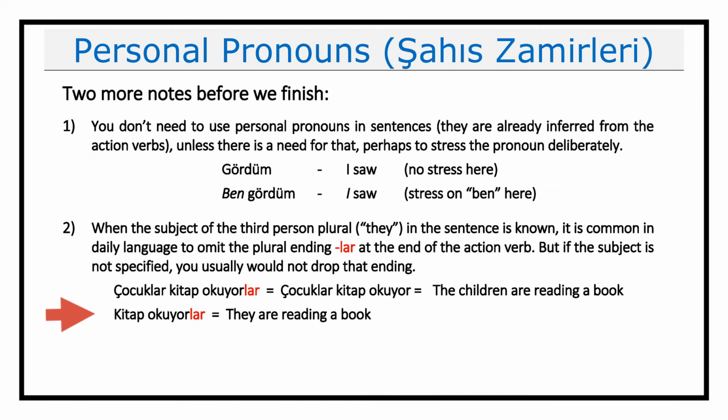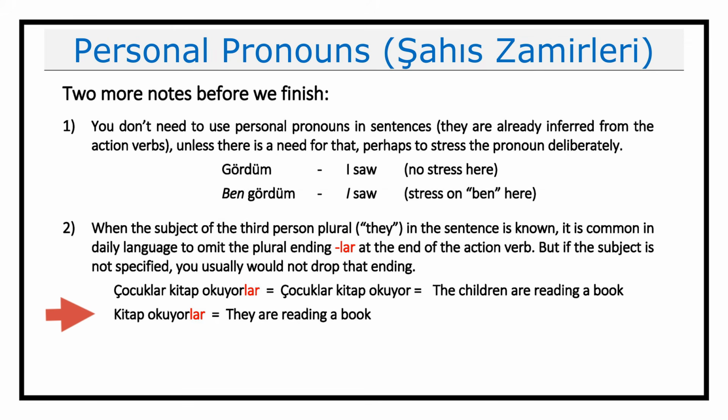Therefore, if you drop the ending lar from the end of the action verb to make it kitap okuyor, then it would refer to a third person singular he, she, or it. Therefore, kitap okuyor is different than kitap okuyorlar, because kitap okuyor means he, she, it is reading a book, while kitap okuyorlar means they are reading a book.